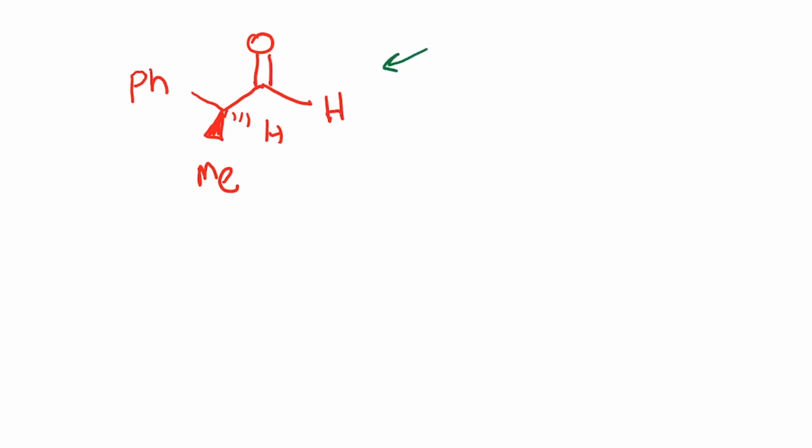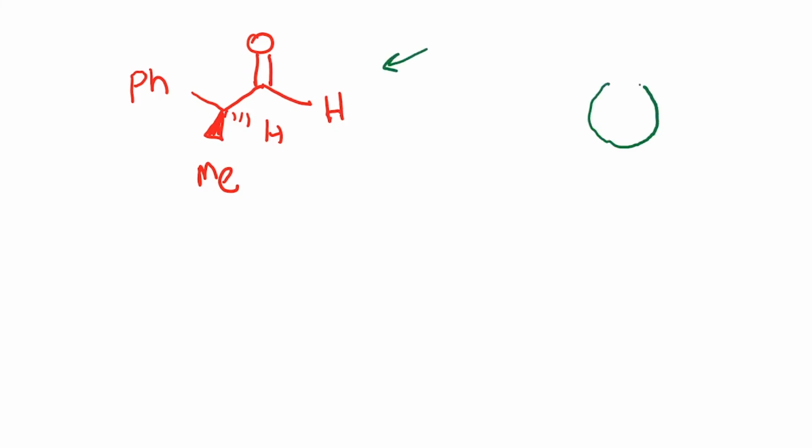Let me draw out this particular molecule, and then we can have a discussion about it. One of the methyl groups is here, hydrogen is here, and it is an aldehyde, C double bond O H. Now I want to draw this looking at it from this direction.